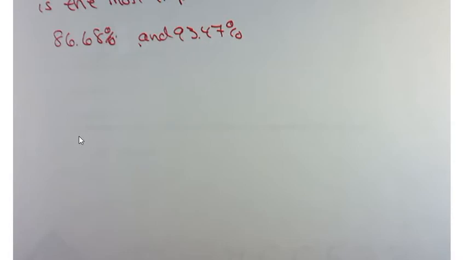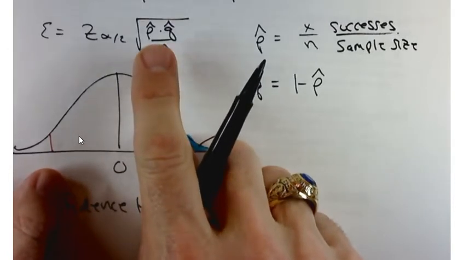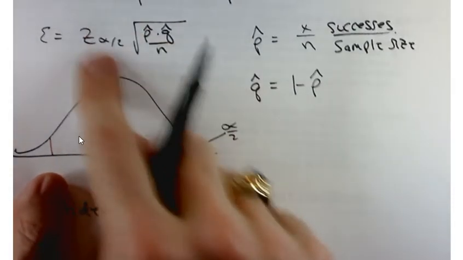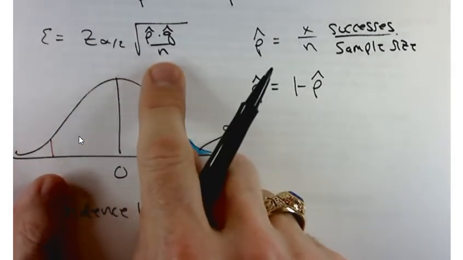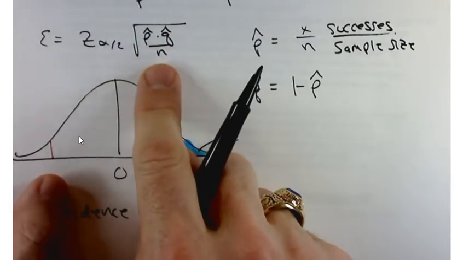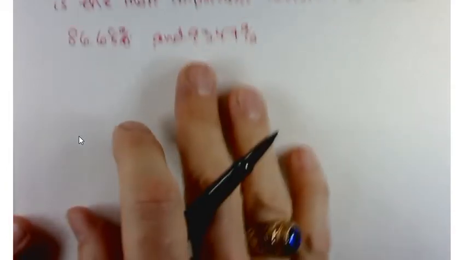Well, the only thing that we can do to control the size of that error for a particular level of confidence is you can control your sample size. If you control your sample size, we can make this thing as small as you want. So if you take this formula and solve it for n, then you get an expression that allows you to come up with a sample size to meet your requirements.